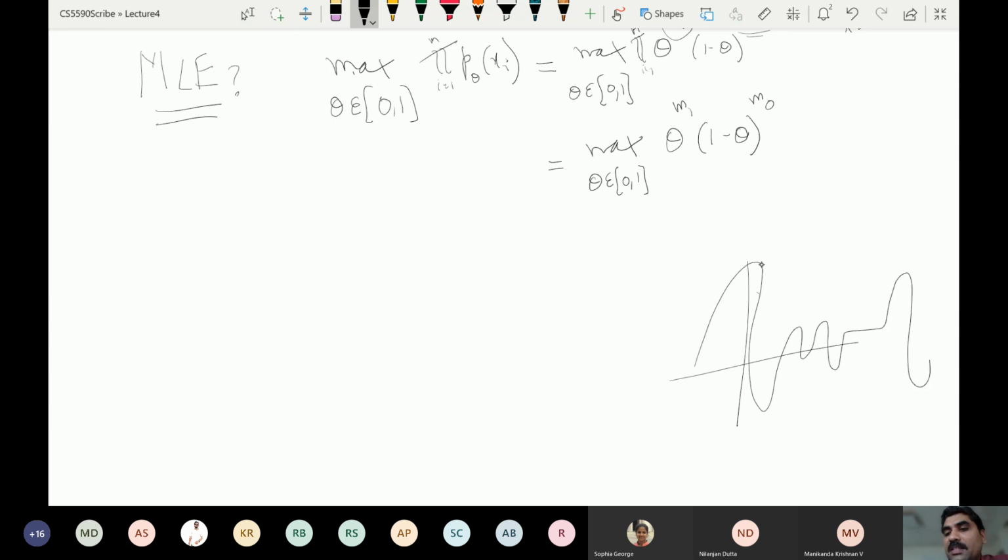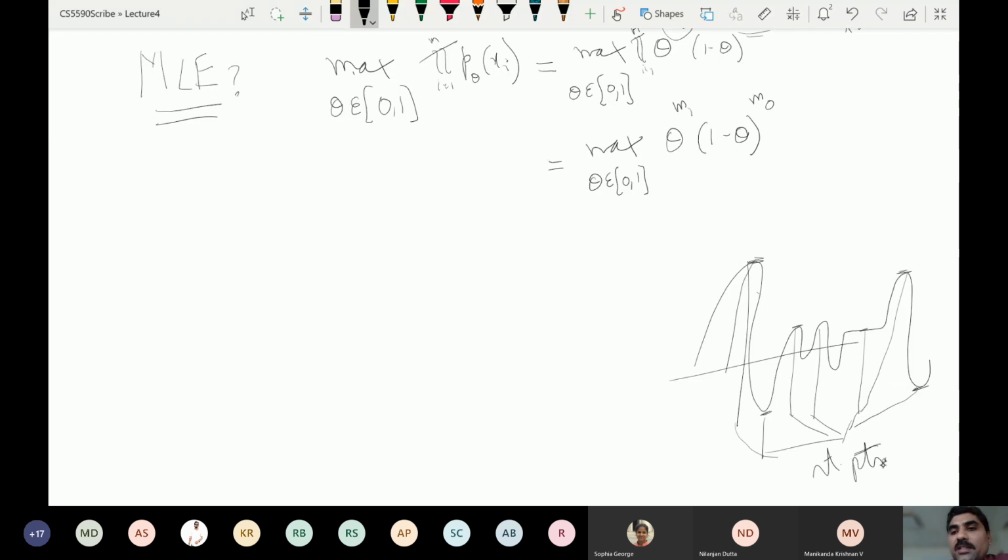So you look for those values where the slope is 0. They are called critical points, or stationary points, the points where the first order derivative is 0. Everybody recalls this thing?